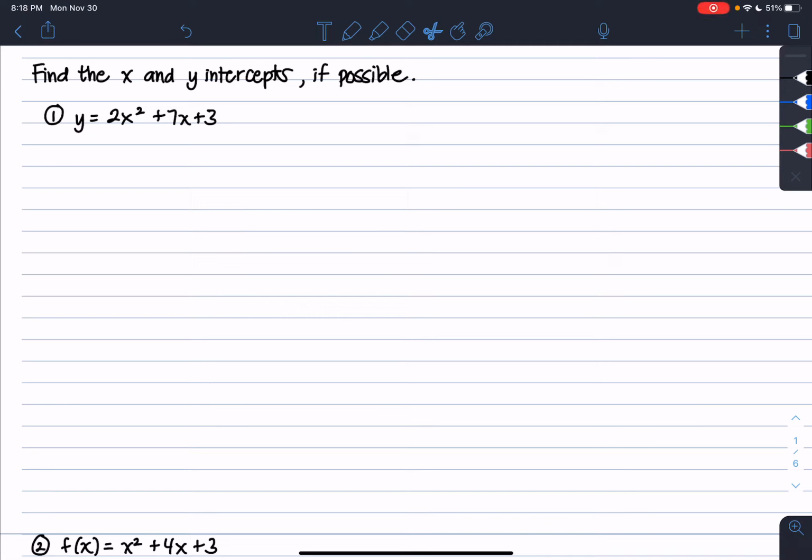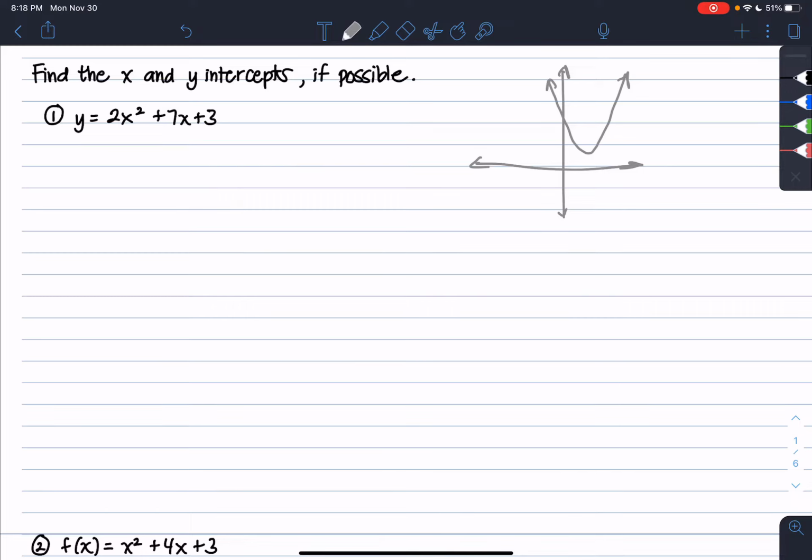All right, for these examples, we are going to find the x and y intercepts if possible. We say if possible because technically, I'm just going to sketch this out really quick. Sometimes we'll have functions, especially a quadratic, that can look something like this.